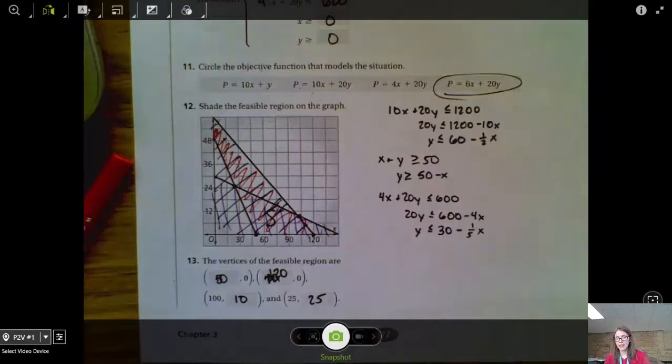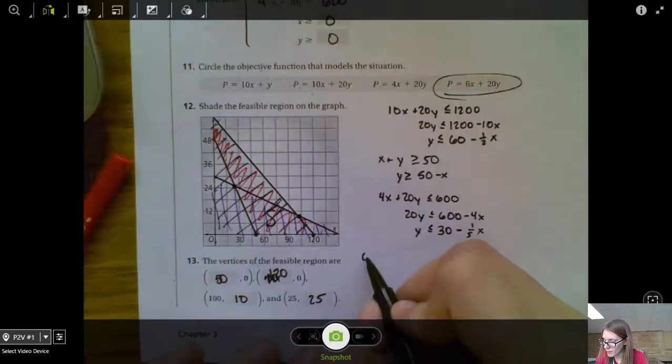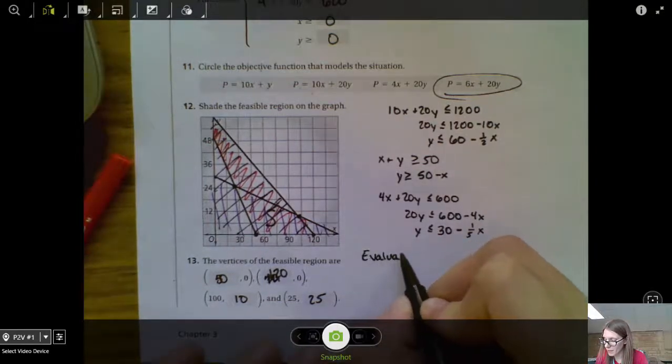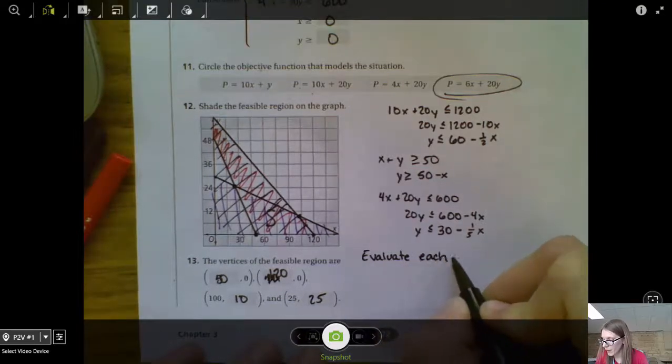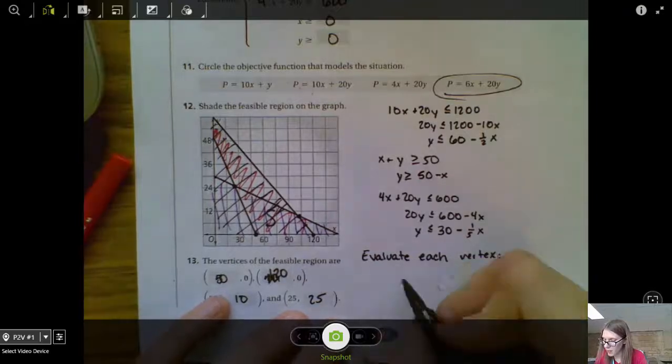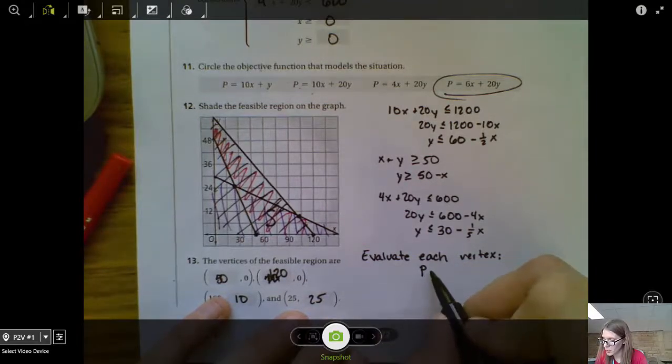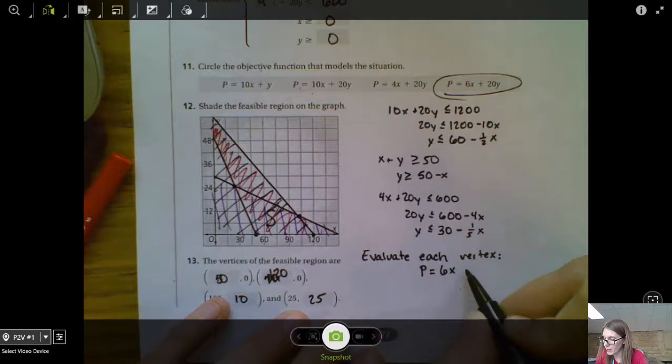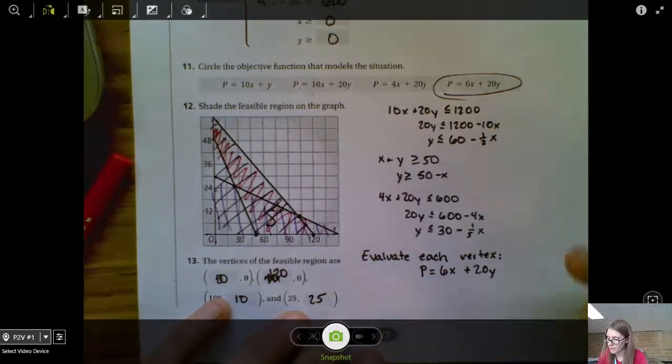Now that I got my vertices, we have to evaluate because we're trying to maximize our profit. So we evaluate each vertex in our objective function, which we said P was 6x plus 20y.